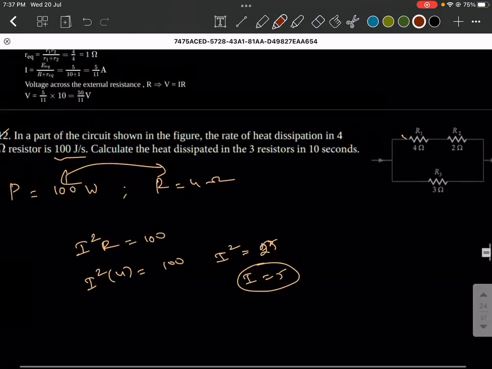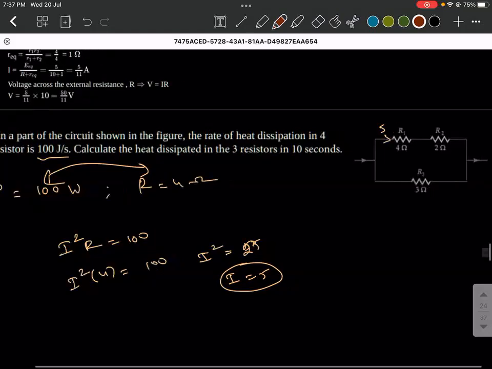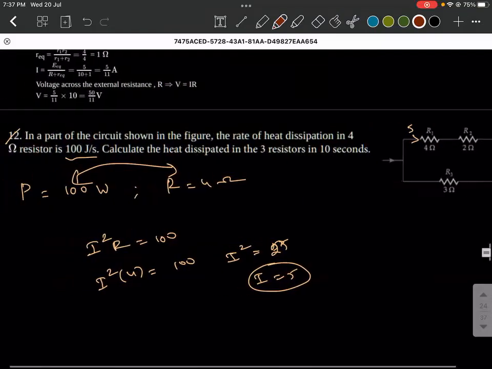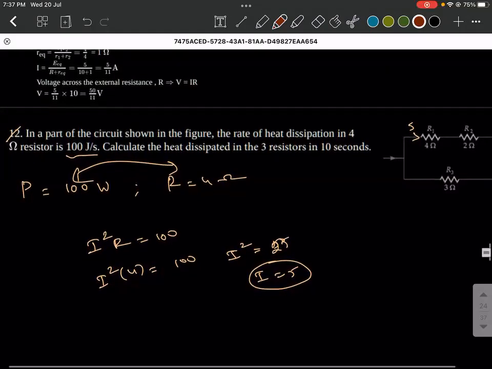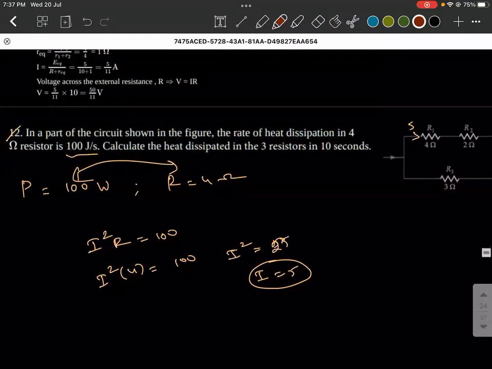So 5 ampere of current is flowing through this device. I is the current through the 4 ohm resistor.